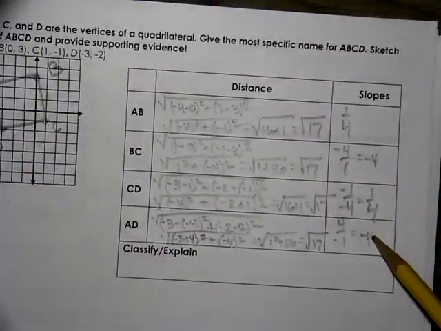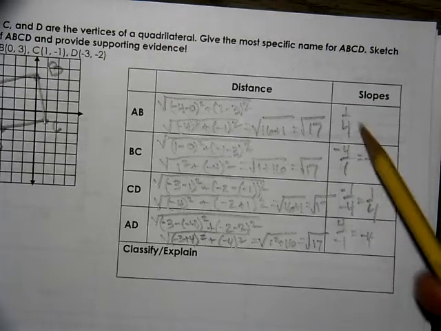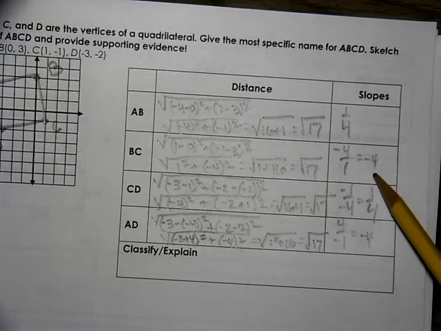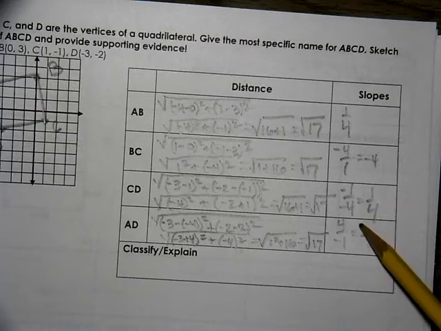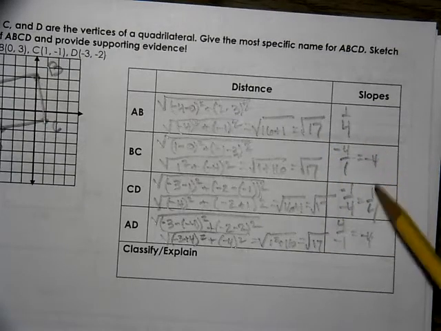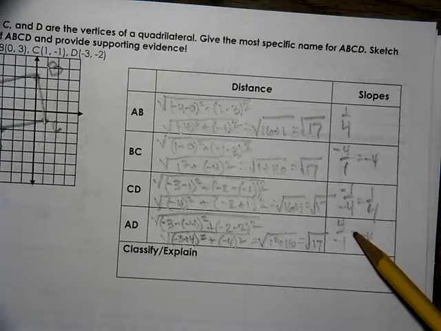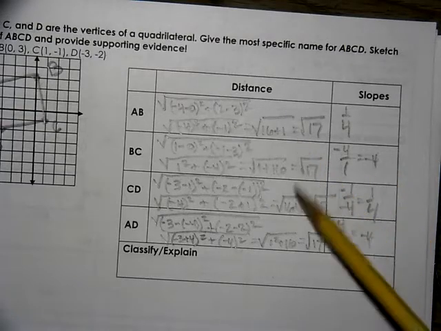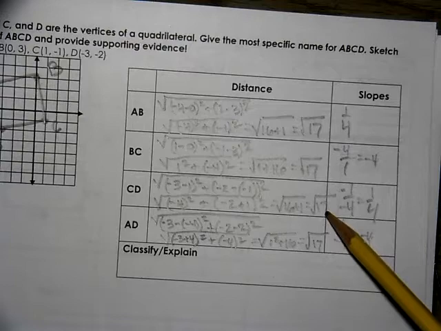So we have parallel sides and we have opposite reciprocals. So we have opposite reciprocals and we have all the sides the same. So the opposite reciprocals show us that we have a rectangle. All the sides the same tell us we have a rhombus.